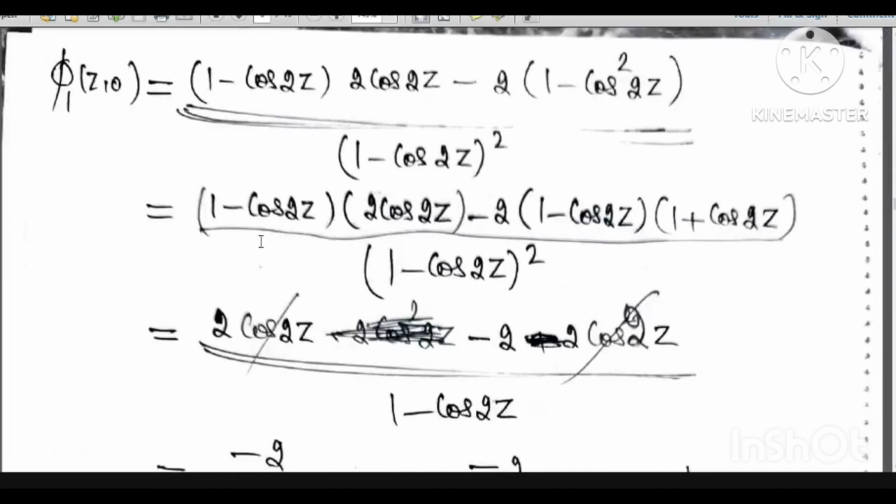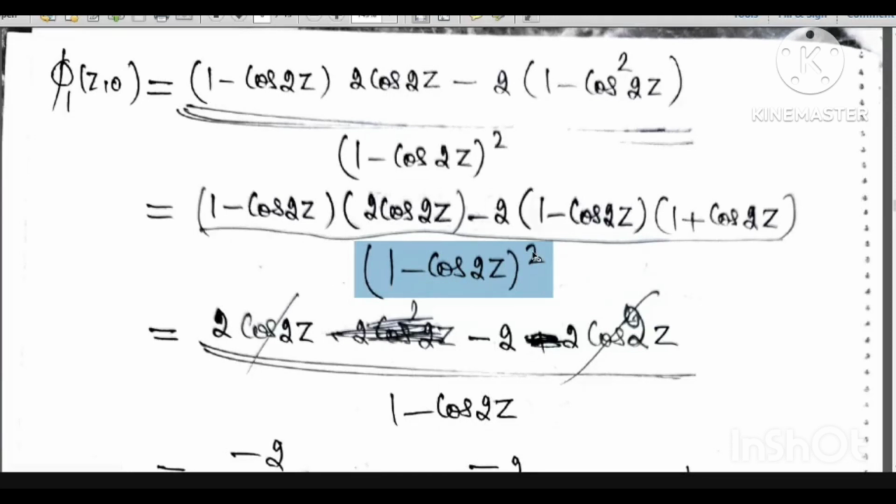So 1 minus cos 2z into 2 cos 2z minus a square minus b square can be written as a plus b into a minus b. So 1 minus cos square 2z can be written as 1 minus cos 2z into 1 plus cos 2z, divided by 1 minus cos 2z whole square. So 1 minus cos 2z in the numerator, the two terms are having 1 minus cos 2z, denominator 1 minus cos 2z whole square. So you can cancel.